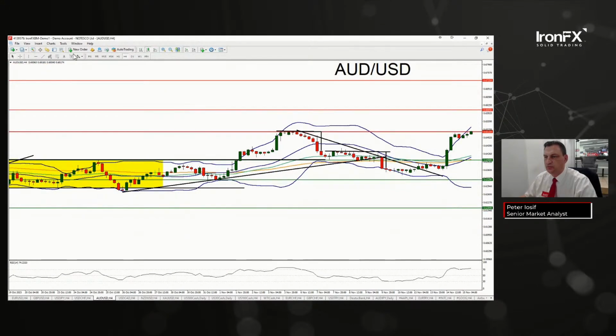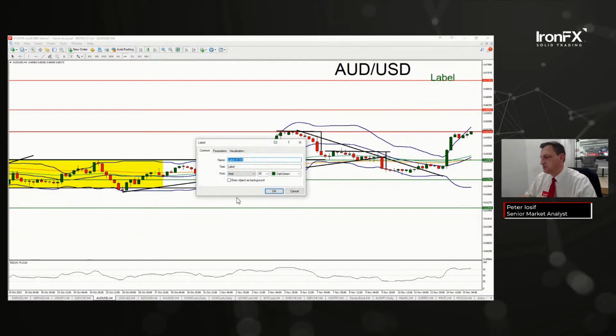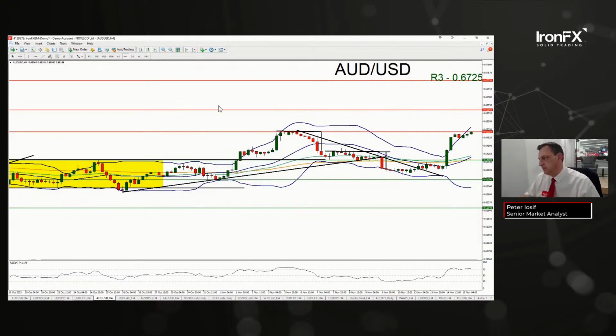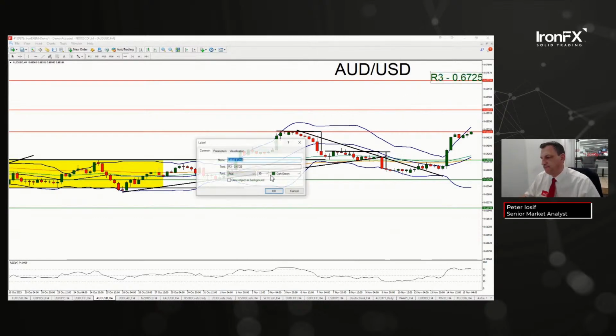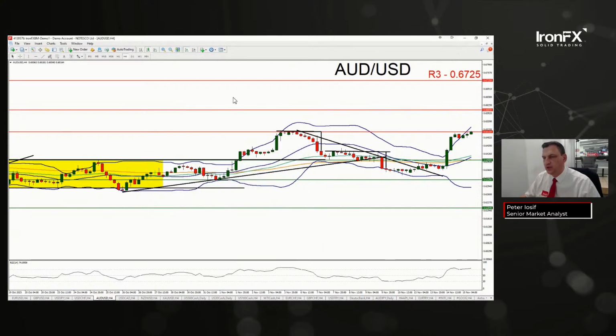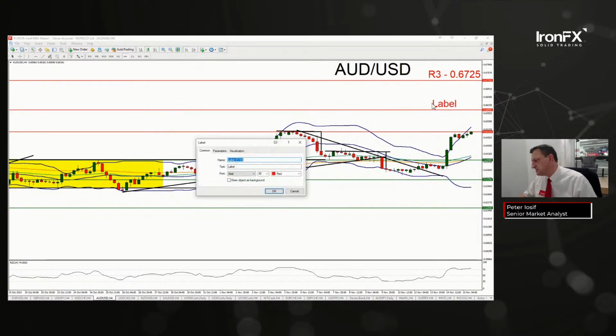Let's start with placing resistance support lines, starting with the R3 at 0.6725 in red, please. It is. Second, the resistance line being placed at 0.6650.